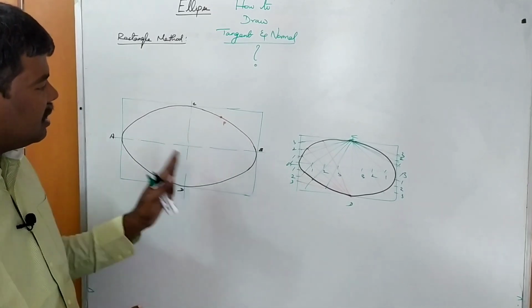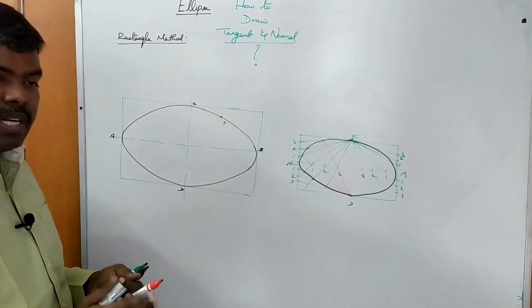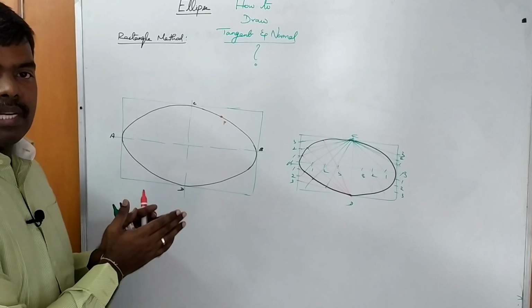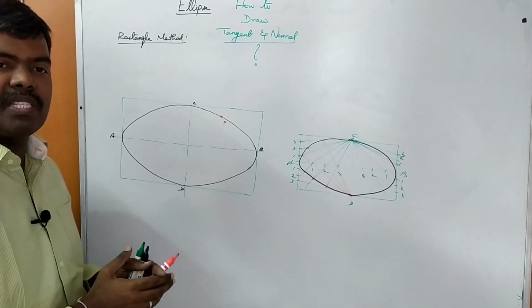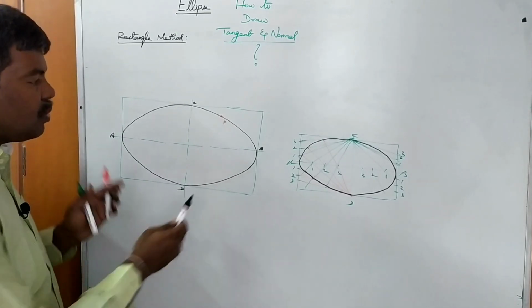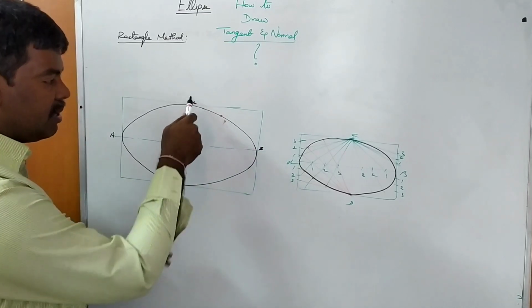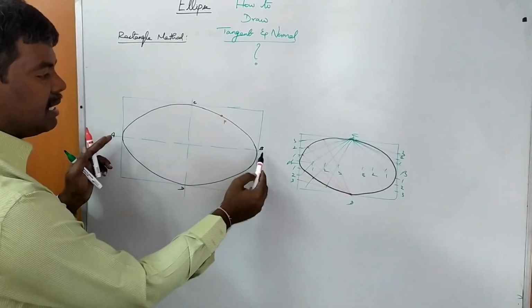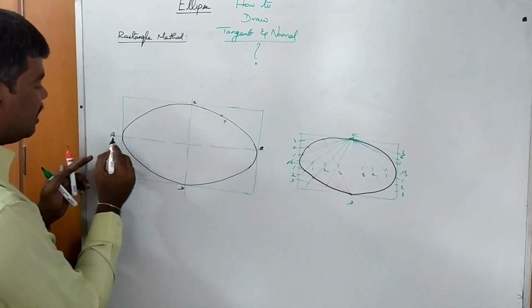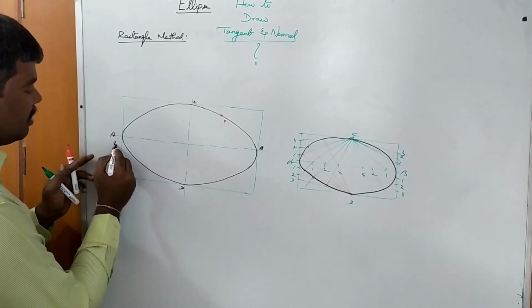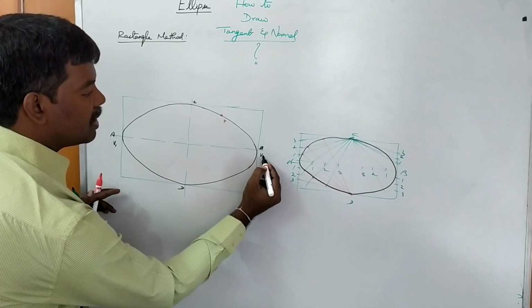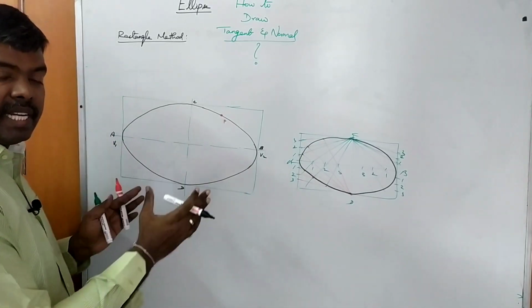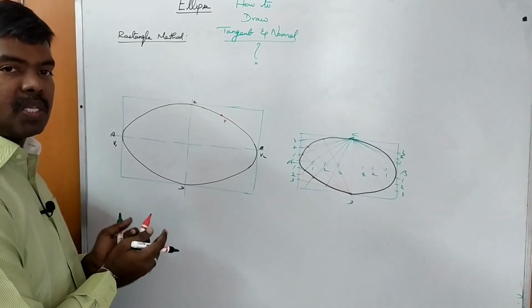After completing the ellipse, first you determine the focus points. A focus point is a fixed point. The ellipse has two axes, the major axis and the minor axis. The curve intersects the major axis at 2 points called vertices: A is vertex 1, B is vertex 2. Since an ellipse has 2 vertices, definitely 2 focus points are there.